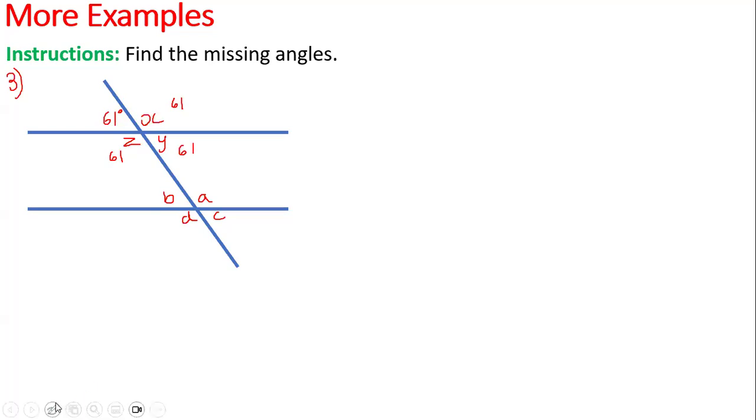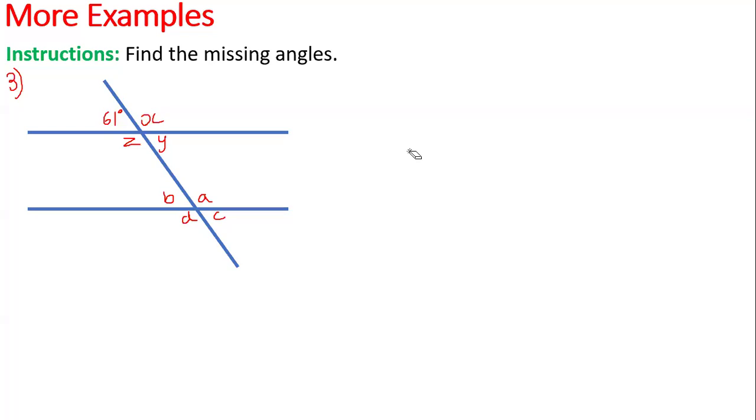Why would you say all of them are 61? Because if alternate angles are the same, each of those is 61. Yes, ma'am, you're right.